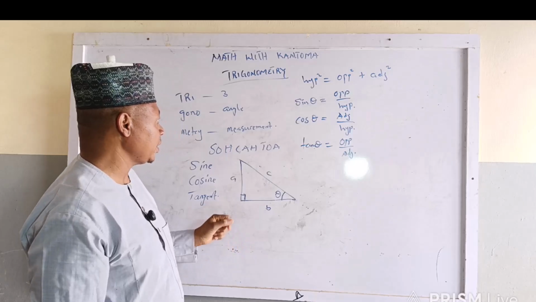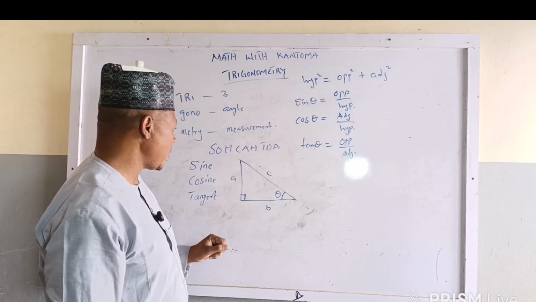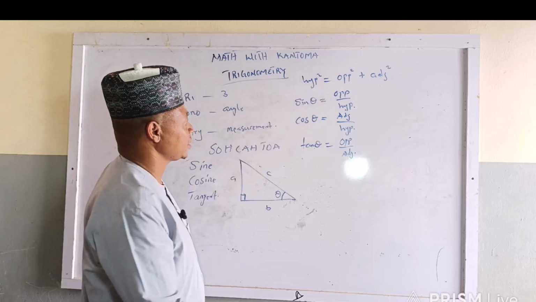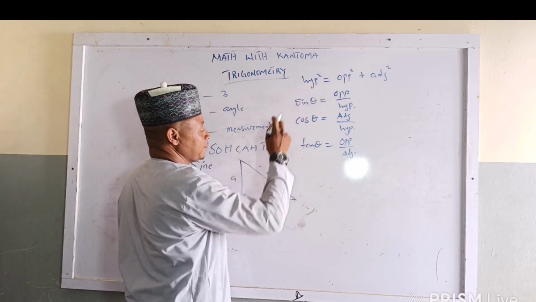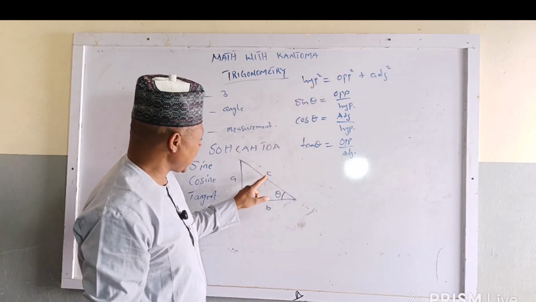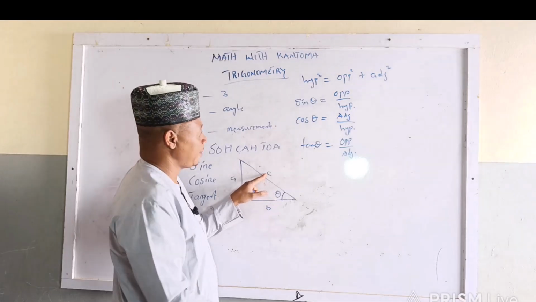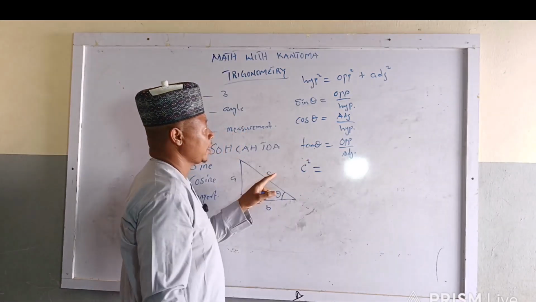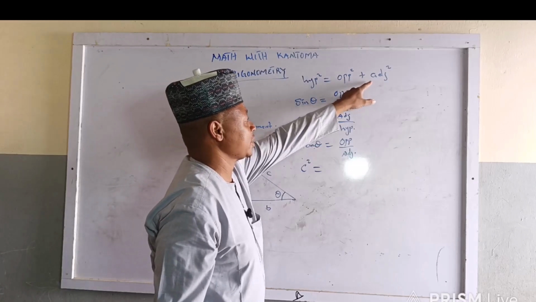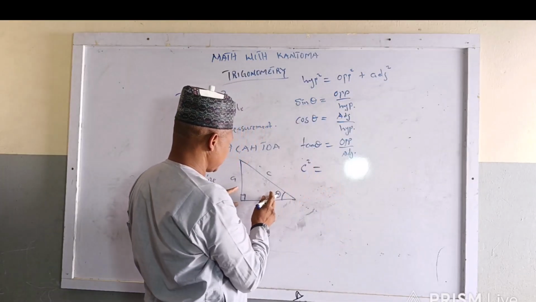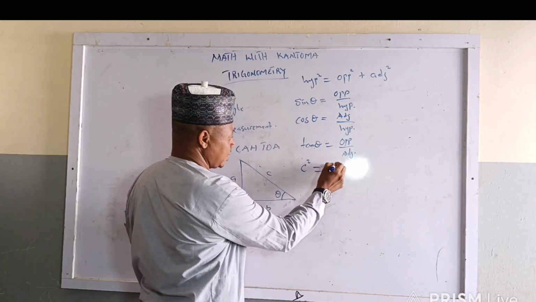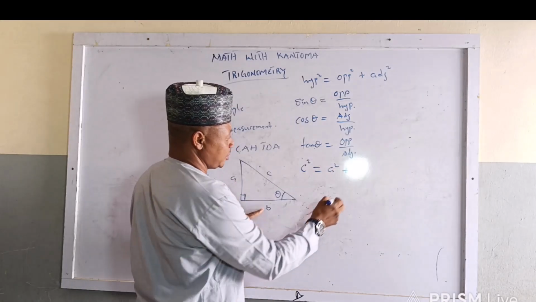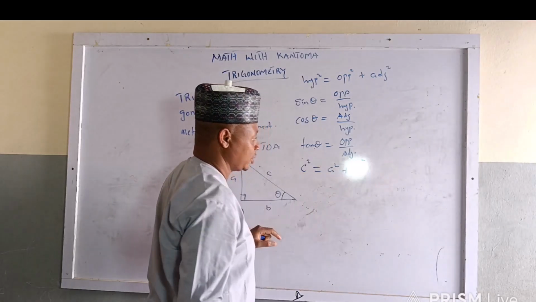Now, if we go back to our Pythagoras theorem, which says hypotenuse squared, this is my hypotenuse, the longest line, hypotenuse squared, meaning C squared, is equal to opposite squared plus adjacent squared. The opposite of this angle is A, so A squared, plus the adjacent, which is B, so A squared plus B squared.